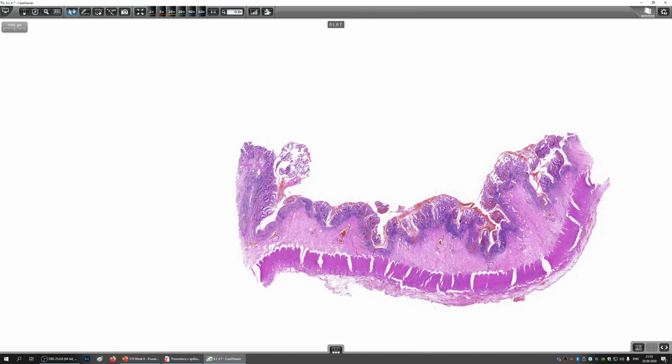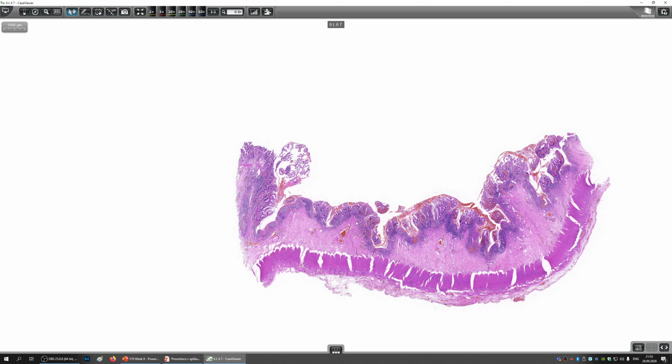It will look like cobblestones, and this will look like polyps, but these are not really true polyps. We call them pseudopolyps, inflammatory pseudopolyps. So as this patient has probably experienced multiple flare-ups of this ulcerous colitis, then some parts of the mucosa have undergone atrophy, others are hyperplastic, and this gives an uneven polypose look to the mucosa.